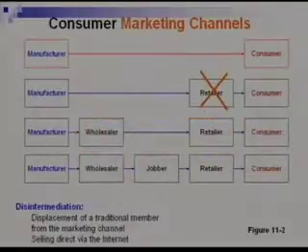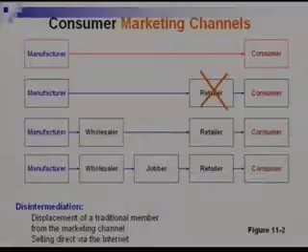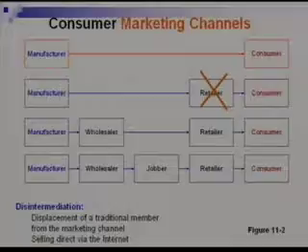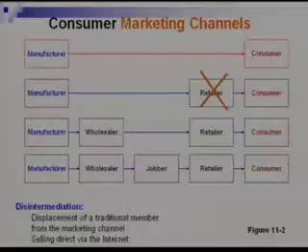Another term is called disintermediation, and this is where a level of the distribution channel is replaced, and it's usually due to something like the internet. The example here where the manufacturer is selling directly to the consumer, that's known as a direct channel, perhaps by cutting the retailer out because they're selling through the internet.